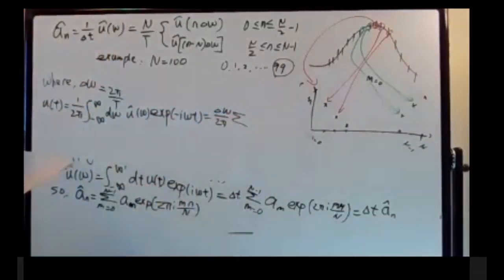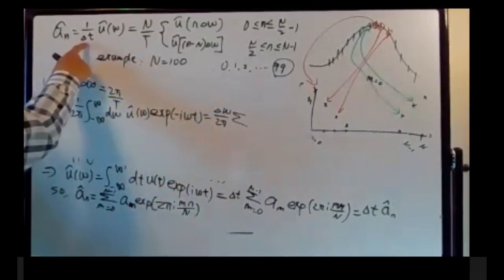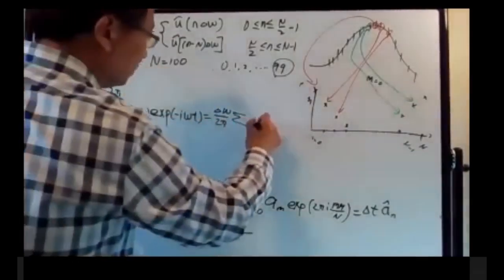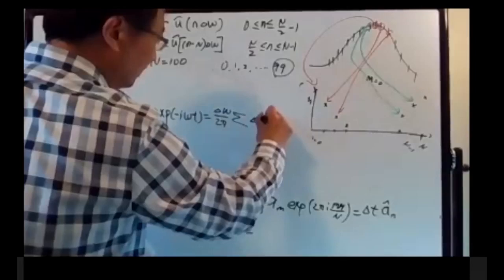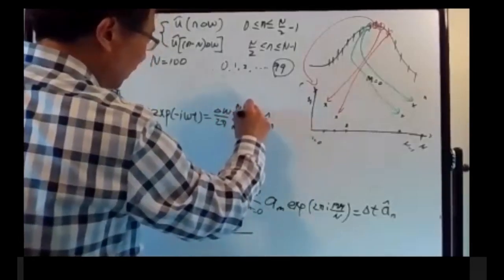How much is the u hat? u hat is this, so it's delta t times a_n hat, with n from 0 to capital N minus 1.